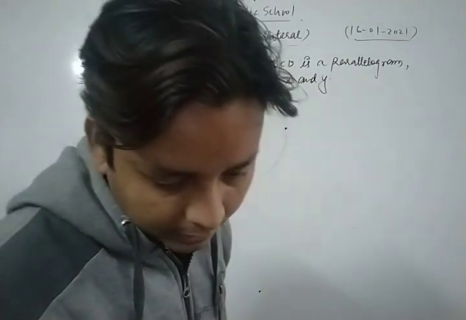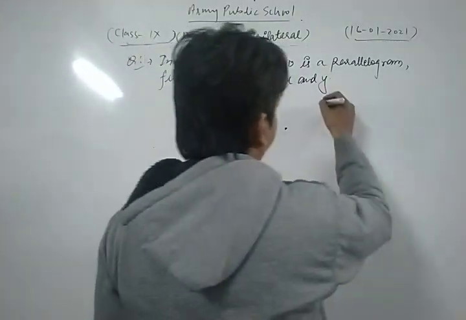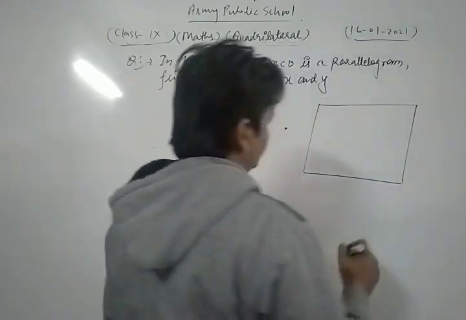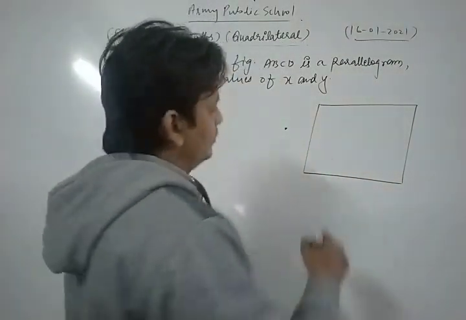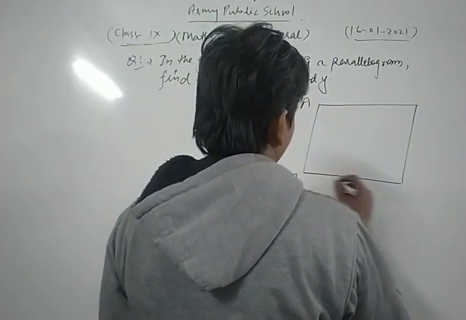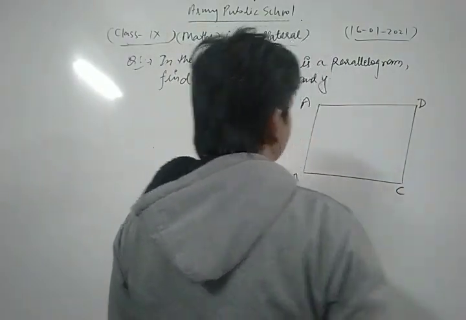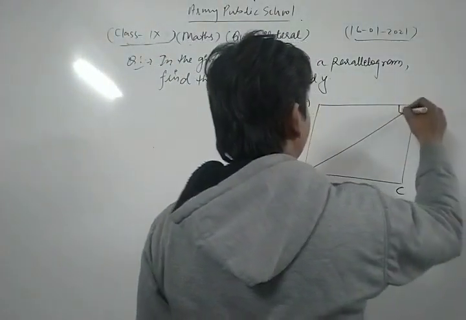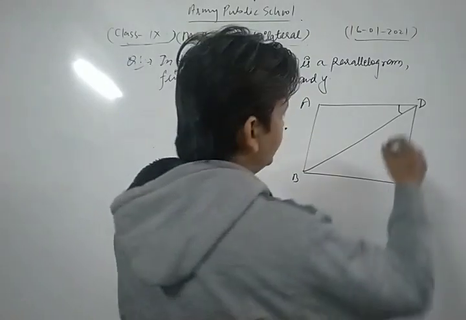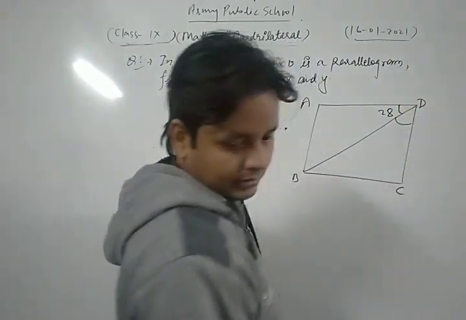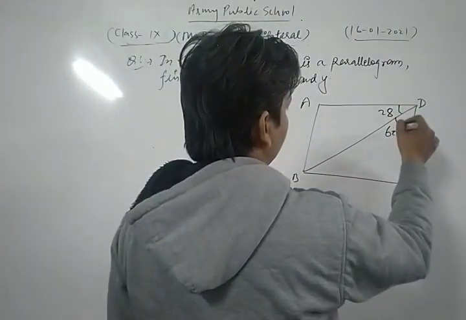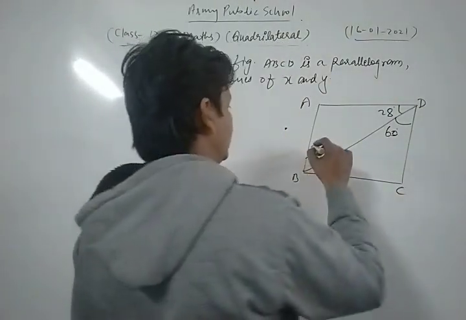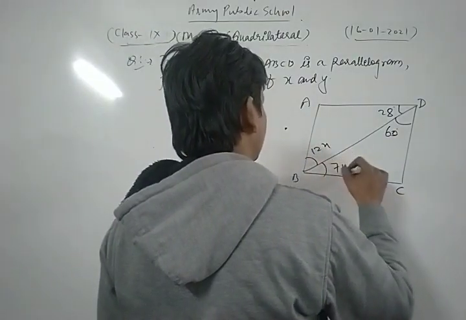And the figure is what? Let's see, dear students. These are the diagonals intersecting each other, and this is 28 degrees, and this is 60 degrees, and this is 12x and this is 7y.